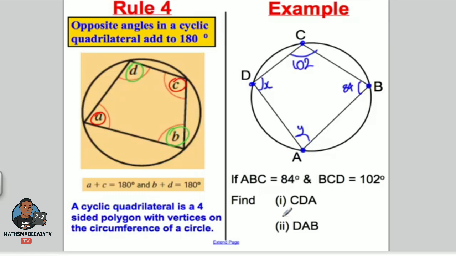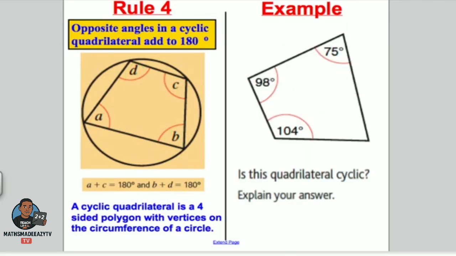Recall, opposite angles must add up to 180 degrees. So Y must be whatever value will make 102 add up to 180 degrees. That makes it 78. Similarly, we have it for X. What adds up with 84 to give us 180 will be 96 for X. And now let's take a look at another kind of question.